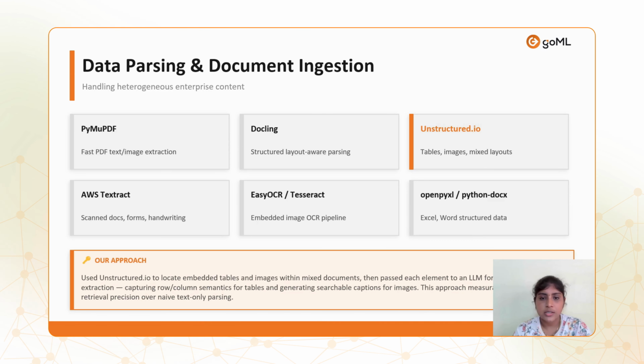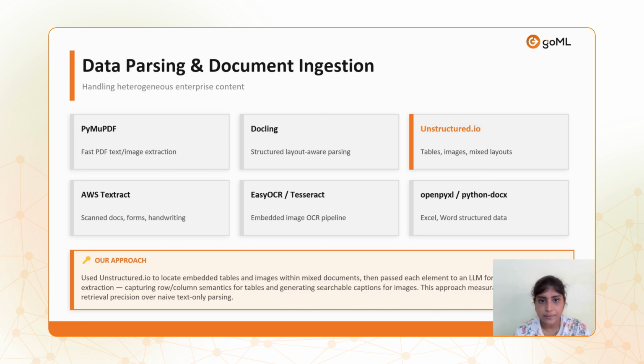So the key move that we made is that instead of just taking the unstructured raw output, we passed each identified table and image element to an LLM to extract the structured content. For tables, it means getting proper row column semantics.